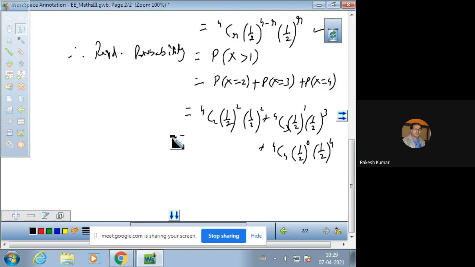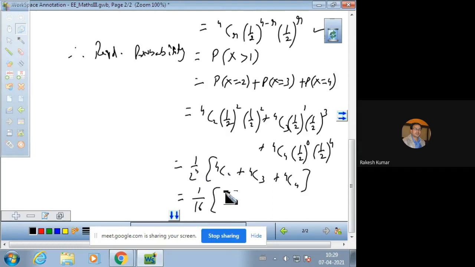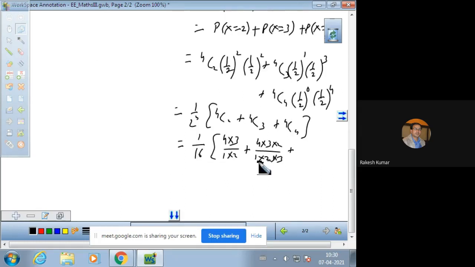Now you can substitute the values of 4C2, 4C3, 4C4. (1 by 2) raised to power 4 is common. So 4C2, 4C3 and 4C4 is there. Now 1 over 2 raised to power 4 is 1 over 16. 4C2 is 4 into 3 over 1 into 2. 4C3 means 4, 3, 2 over 1, 2, 3, and 4C4 is always 1.